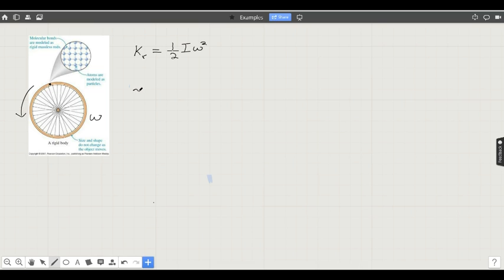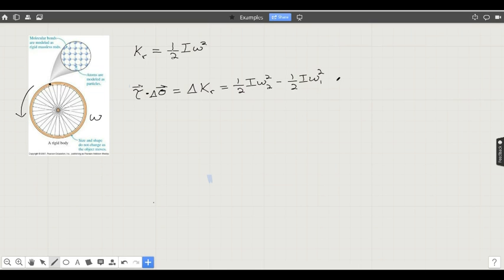So we say that the work done by a torque is equal to the change in our rotational kinetic energy, which would be 1/2 moment of inertia times your final angular speed squared minus 1/2 I times your initial angular speed squared.